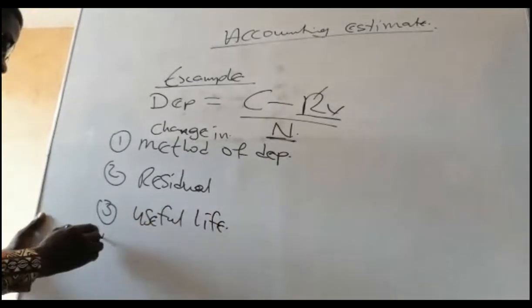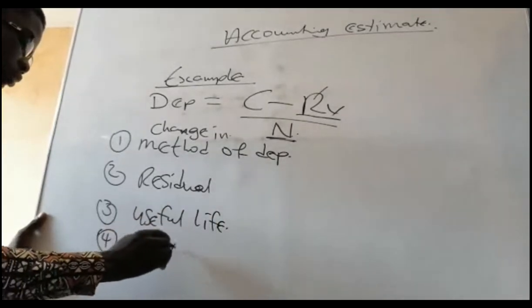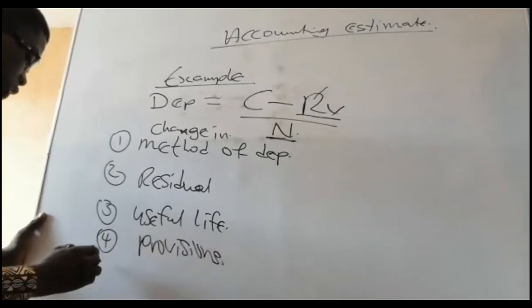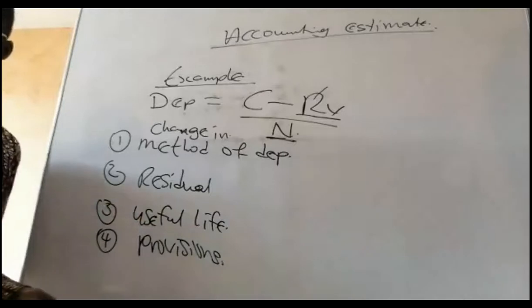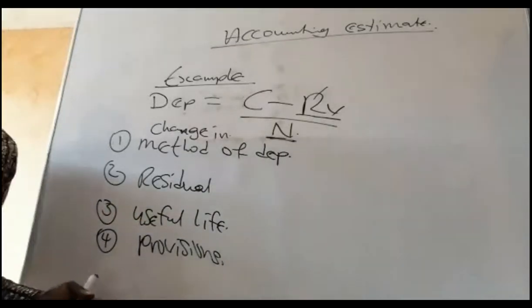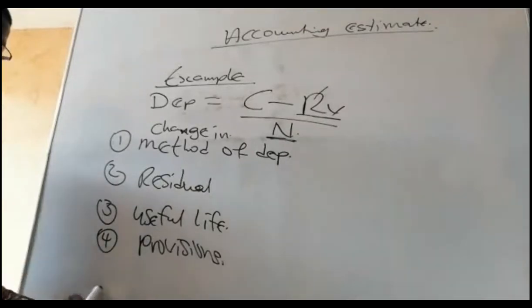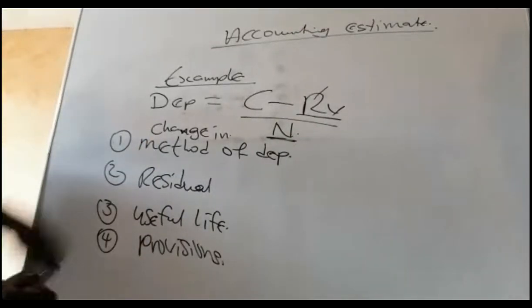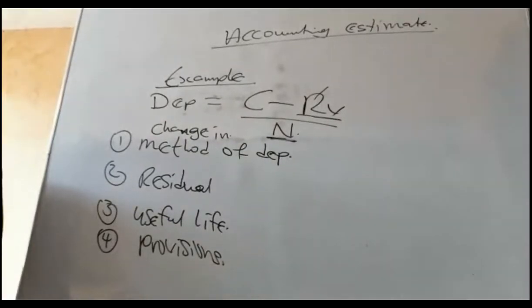Four, change in provisions, including bad debts and any other, because provisions are liabilities of uncertain timing and amount. So if you change any of these items, you account for it as a change in accounting estimates, and then you are done. And then changes in the estimated amount of bad debts, so that's a provision for bad debts.